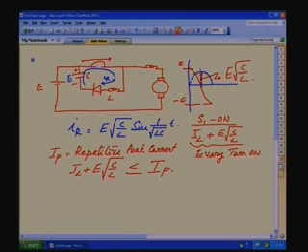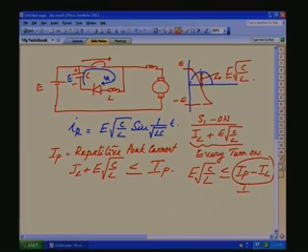Or, the resonant current E into root C by L should be less than or equal to IP minus IL maximum, the maximum load current. Let us represent this as I0.